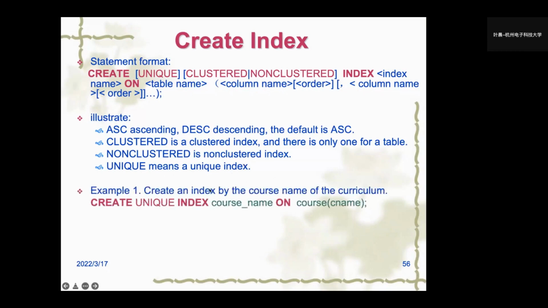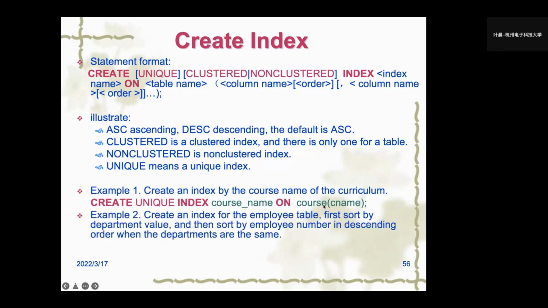For example, if we want to create an index by the course name of the curriculum, we can use CREATE UNIQUE INDEX course_name ON course(CNAME). Also, another example, if we want to create an index for the employee table, first sort by department value and then sort by employee number in descending order when the departments are the same.